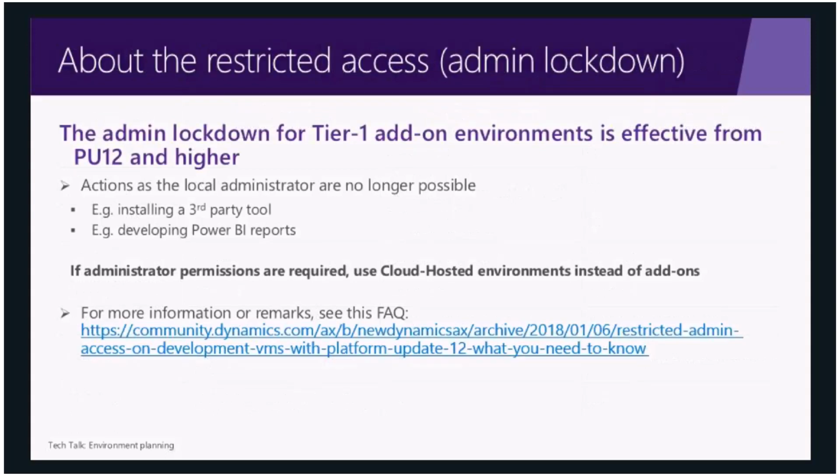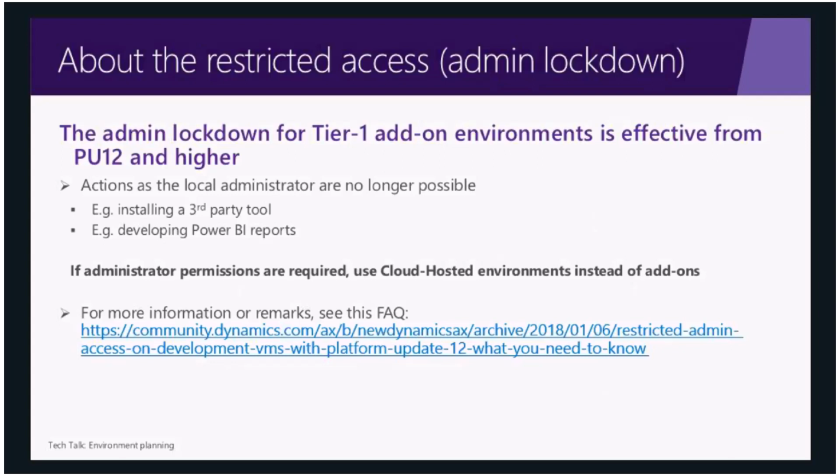As of now, the key rule for selecting the deployment option for the tier 1 environments is related to the admin lockdown. For example, if you need to install a third-party tool to do your activities on the environment, then the add-on will not be the right option.